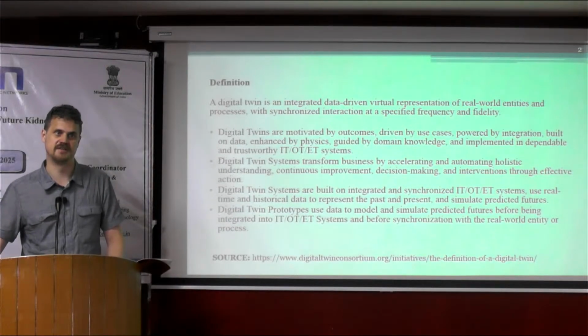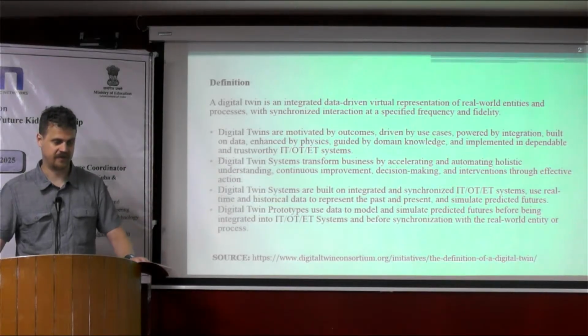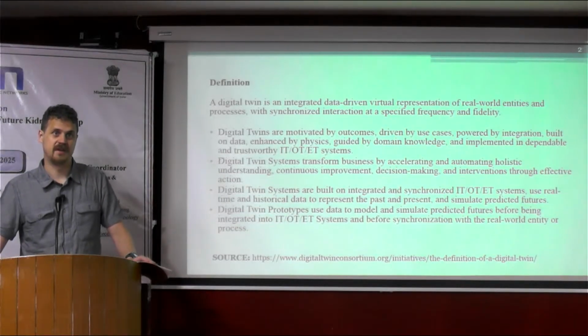So basically, it's possible to create a digital twin that would mimic the processes that happen within the social system. At the same time, digital twins can be used for the weather forecast, etc.